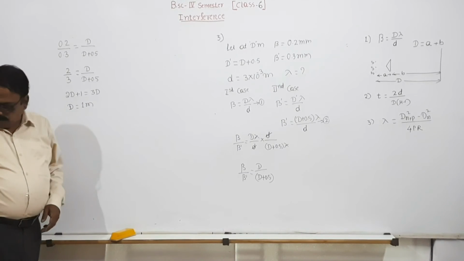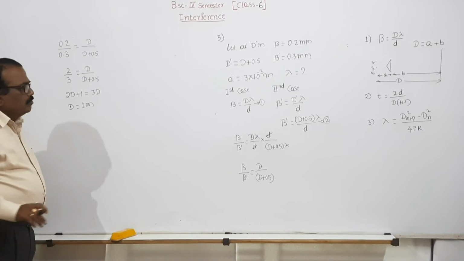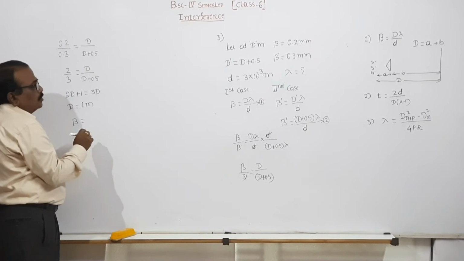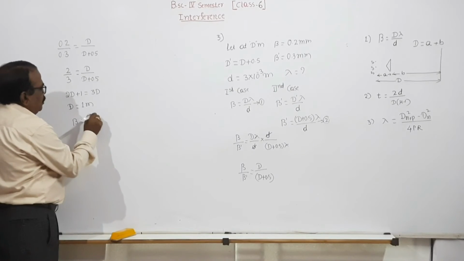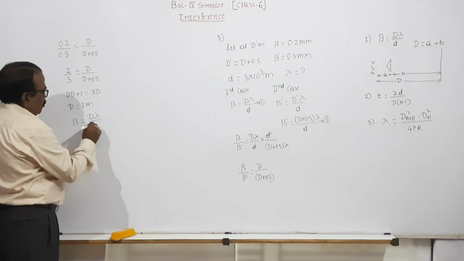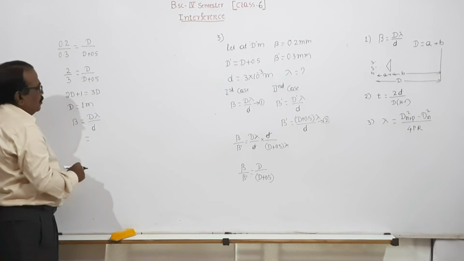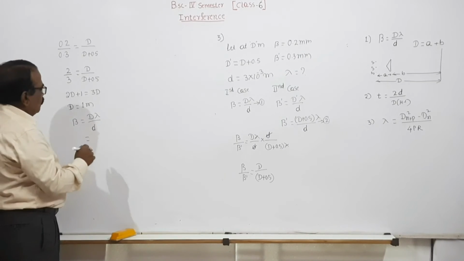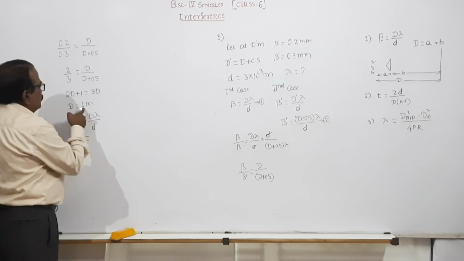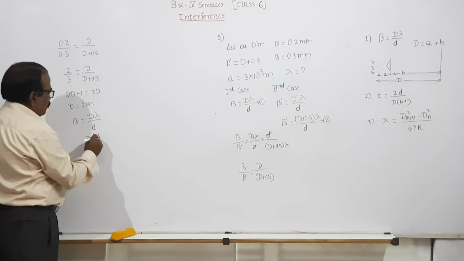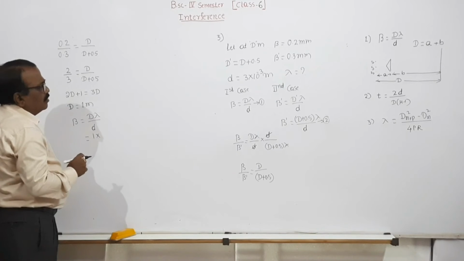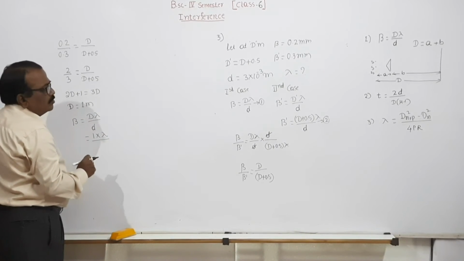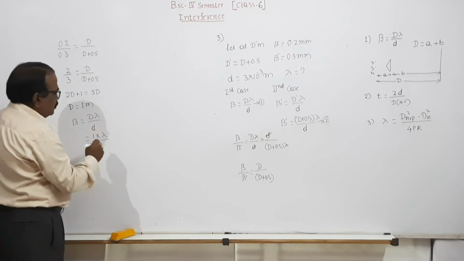Substitute these values in equation 1. Your beta is equal to D lambda upon d. Your D is given. How much? 1. Just you have calculated this is 1. Then wavelength is asked upon small d is given 3 into 10 raised to minus 3.